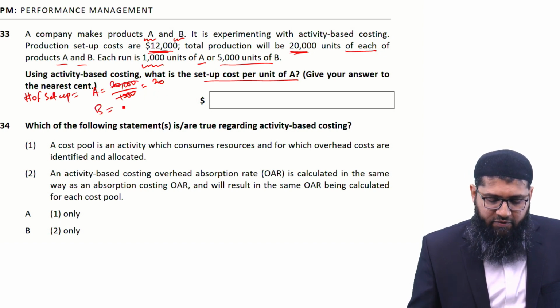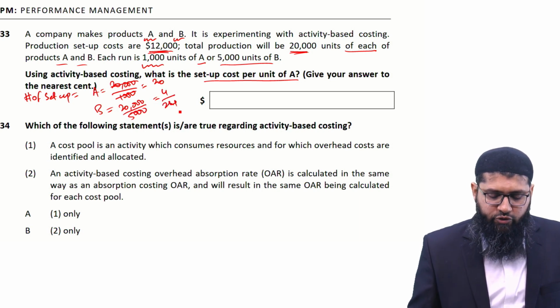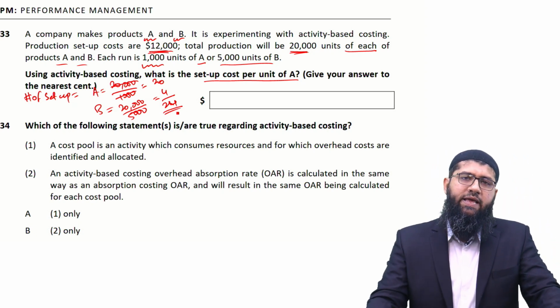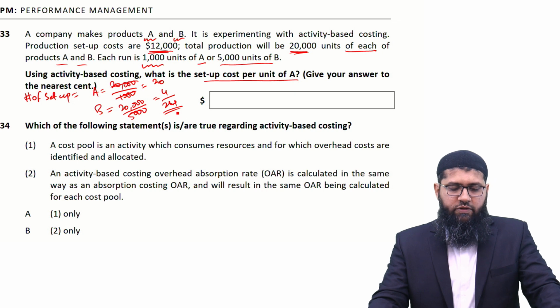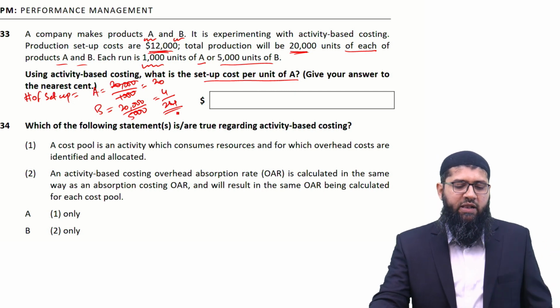For B, it is going to be 20,000 divided by 5000, which is equivalent to 4. So the number of setups is 20 plus 4, 24 is the total number of setups.